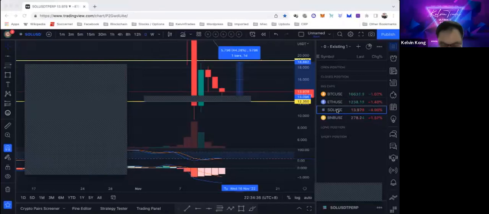Ignore all the rest of the coins. Ignore what your fellow students, what your fellow peers post in our group chat. Whatever percent they make is their problem, not yours. Your objective is just to trade Solana for the whole of next week.